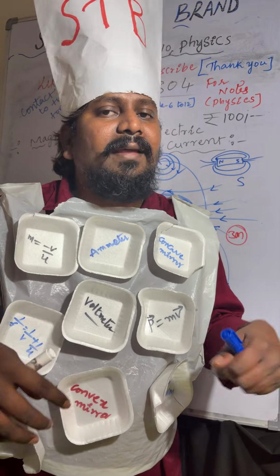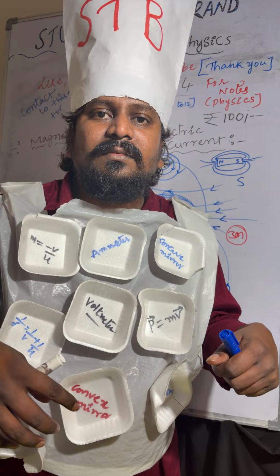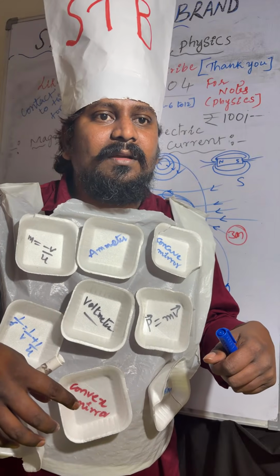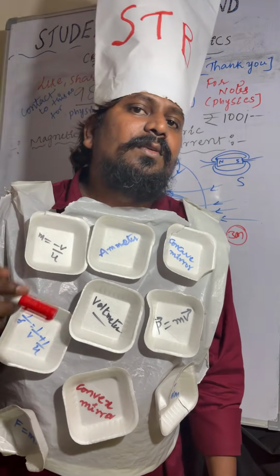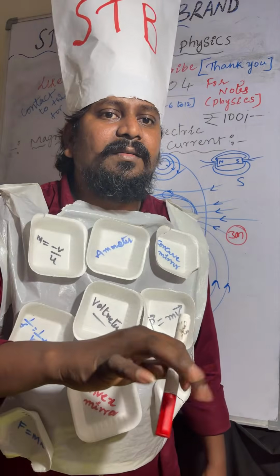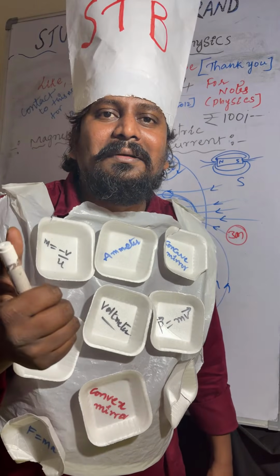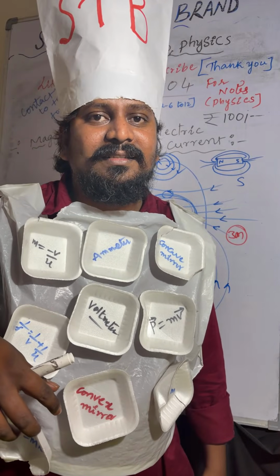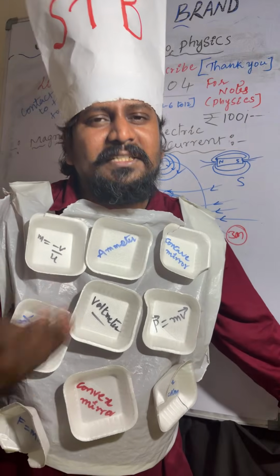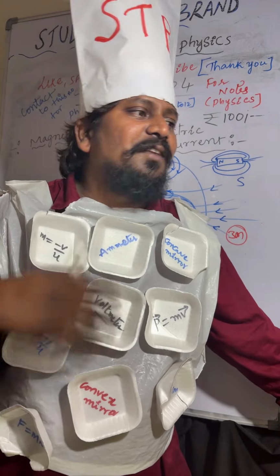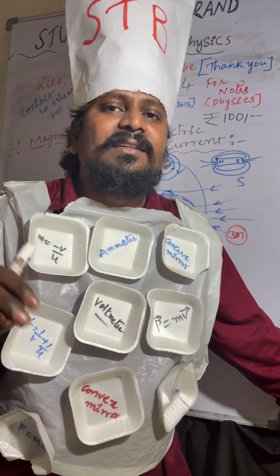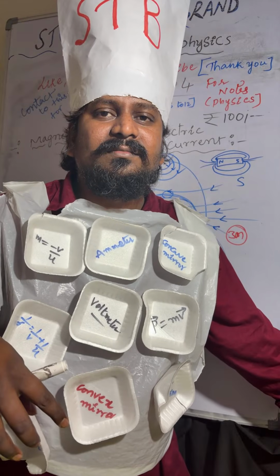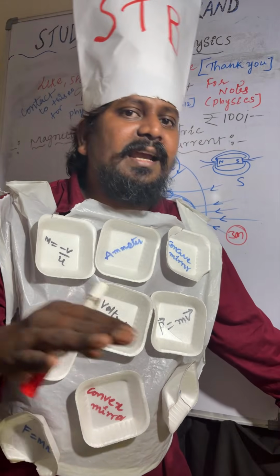Then they get it wrong. So place the pen down and use the right hand. Unconsciously they use the left hand and get wrong answers. So use the right hand thumb rule.